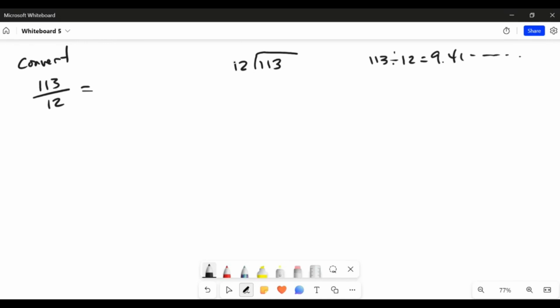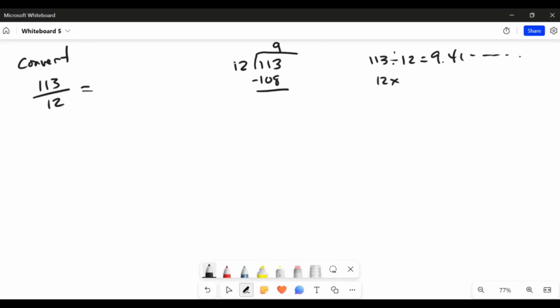9.41 and so on. So that means that 12 will go into 113 9 whole times. So I need to know what is 12 times 9. Well, 12 times 9 is 108.